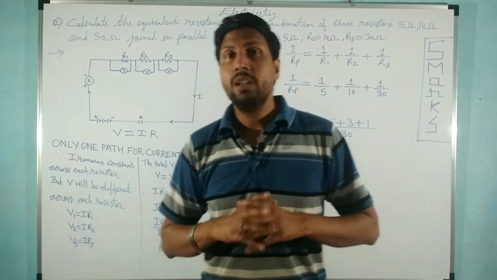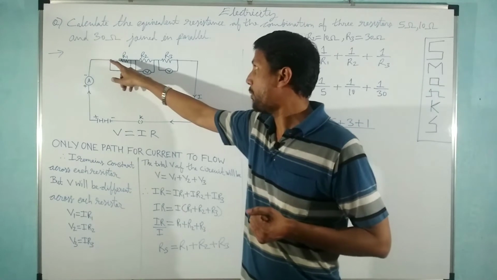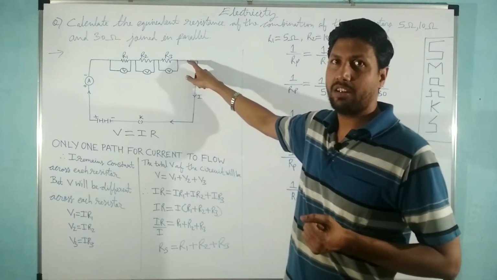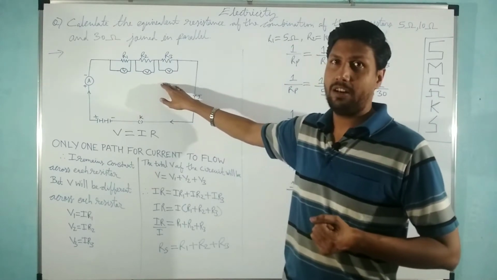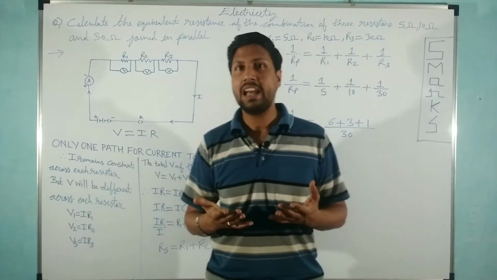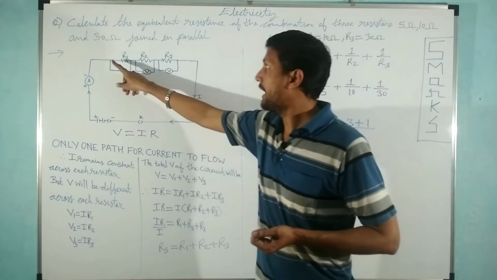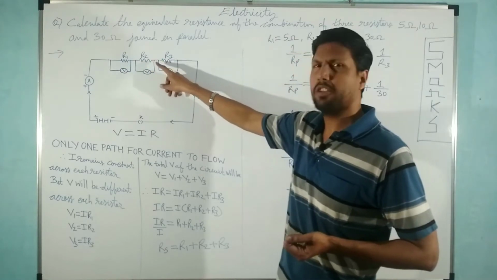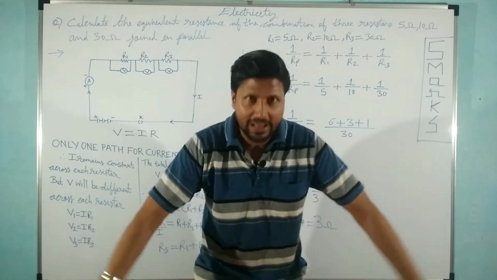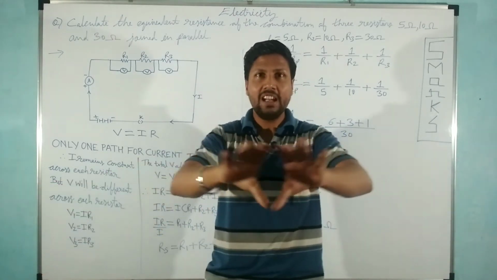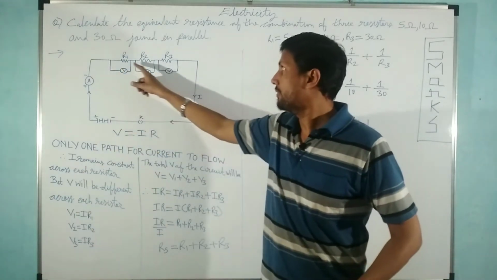The basic thing here is the current that is passing from this point to this point will remain constant, whereas the potential difference across each resistor will be different. In easy words, suppose we have a pipeline laid down exactly horizontal to the plane, in such a shape.